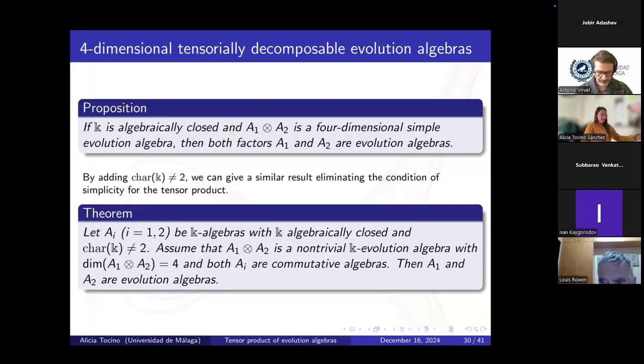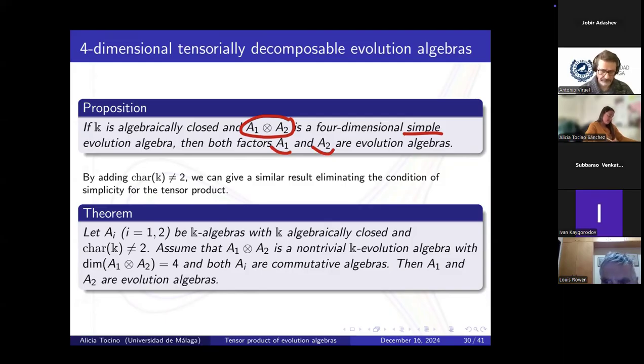We can put together all the information of the four-dimensional case: if the field is algebraically closed, and the tensor product is four-dimensional and is a simple evolution algebra, then both factors have to be evolution algebras.